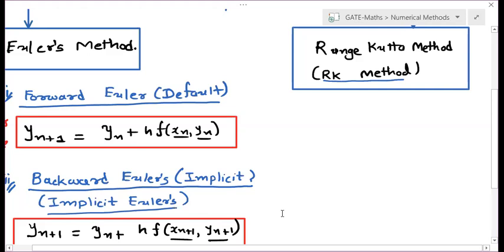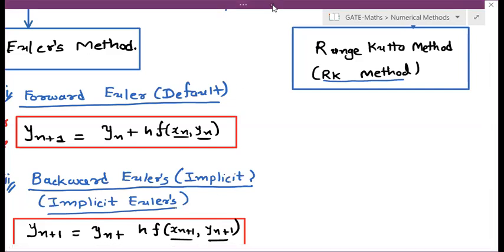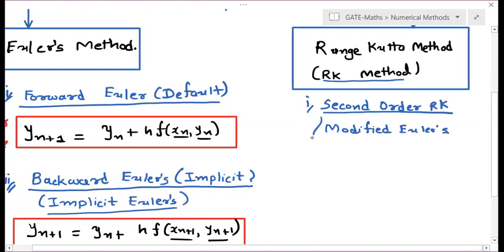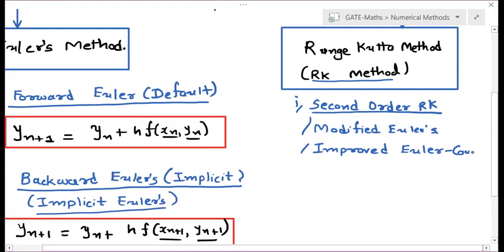The first one, second order RK, is also called the modified Euler method or improved Euler-Cauchy predictor. So these are all names of second order RK.